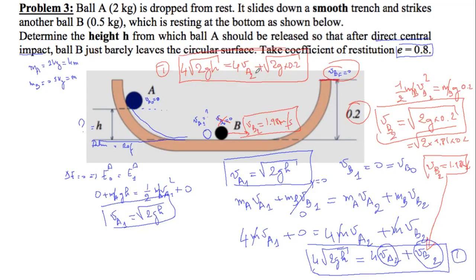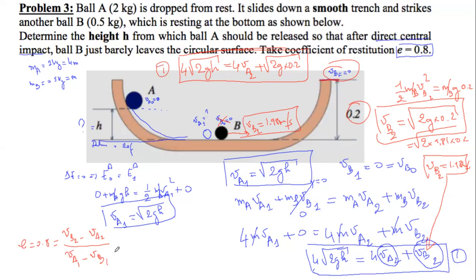Now my unknowns are what? VA2 and H. Now how can I find another equation? You use the coefficient of restitution, E, which is 0.8. By definition, E will be VB2 minus VA2 divided by VA1 minus VB1.